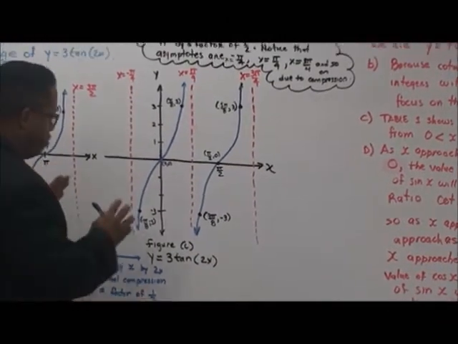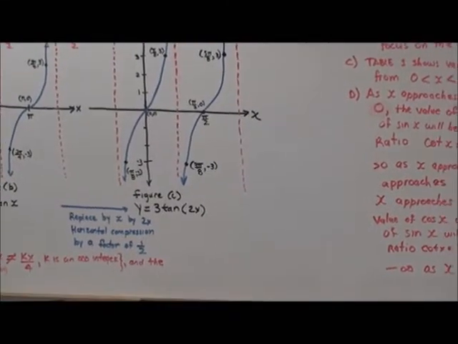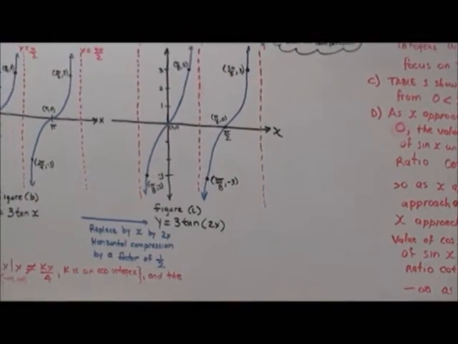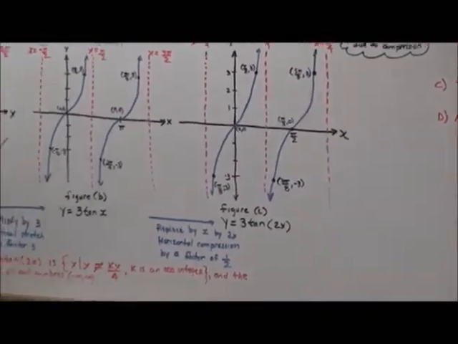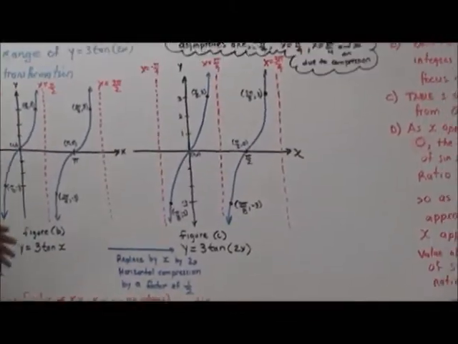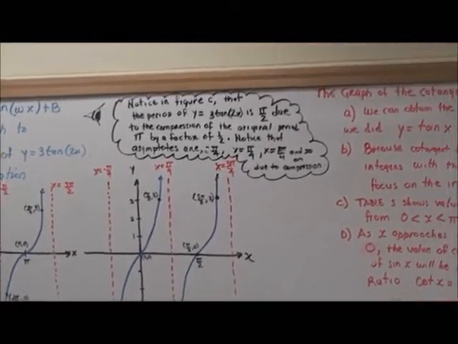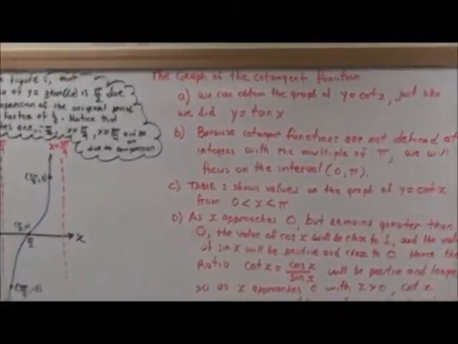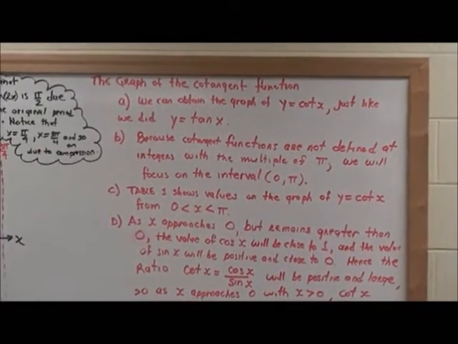Then we're talking about the factor of 1/2 here, see? So when we're calculating horizontal compression by a factor of 1/2, like I said before, we showed you how to calculate this in earlier videos. And if you need me to recalculate these or review this, send me an email or get in touch with me, and we'll do some more videos on that.